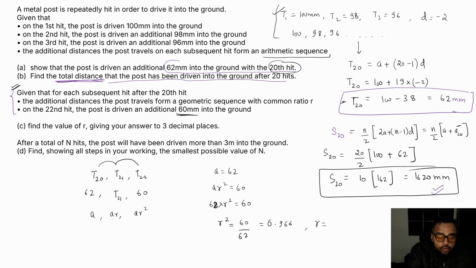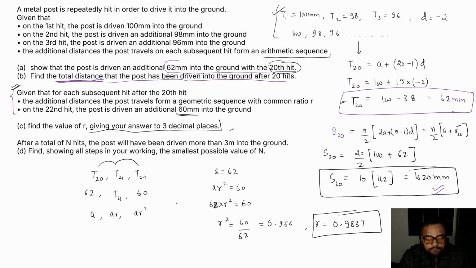So we are getting 0.9837. Now we have got the value of R, that is 0.9837, giving the answer to 3 decimal places, which we have done.